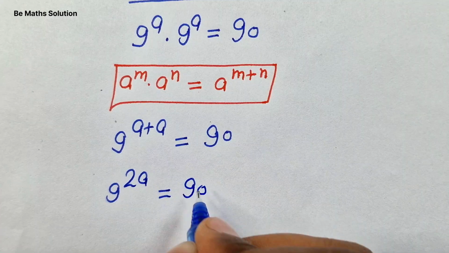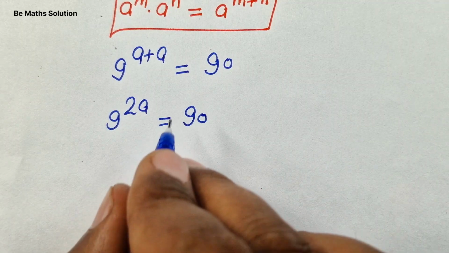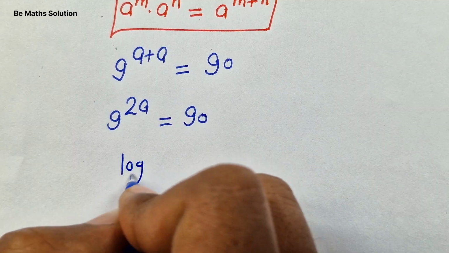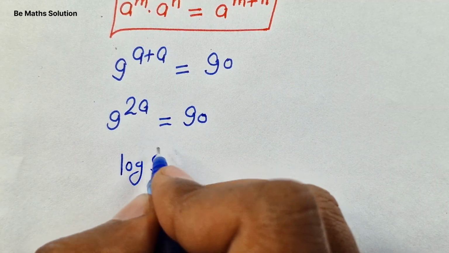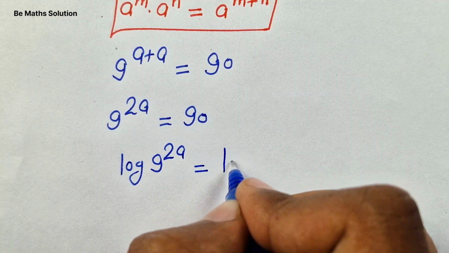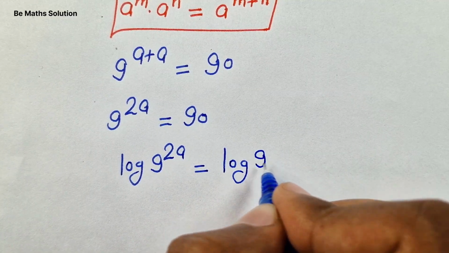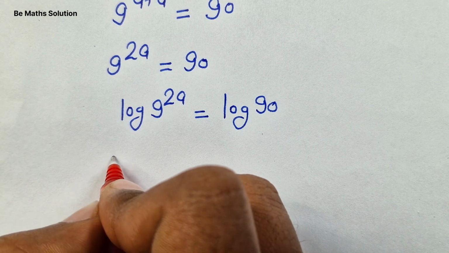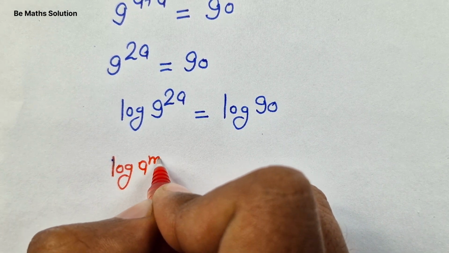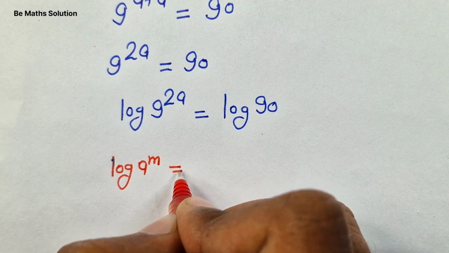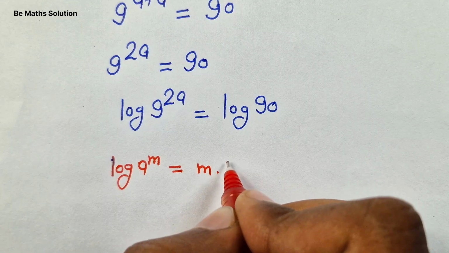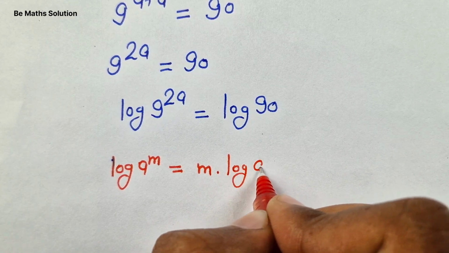It can be solved by taking a log on both sides: log of 9 to the power of 2a is equal to log 90. As we know, log of a to the power of m is equal to m times log of a.